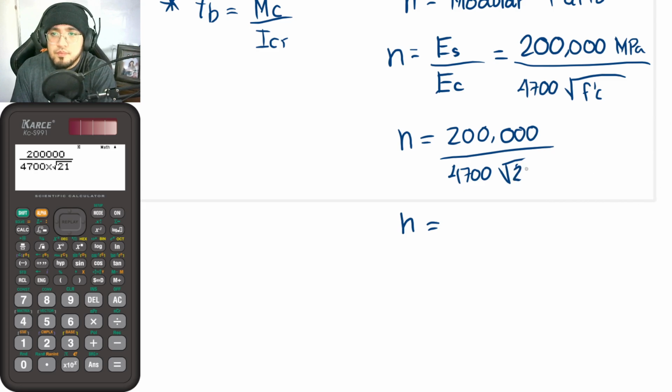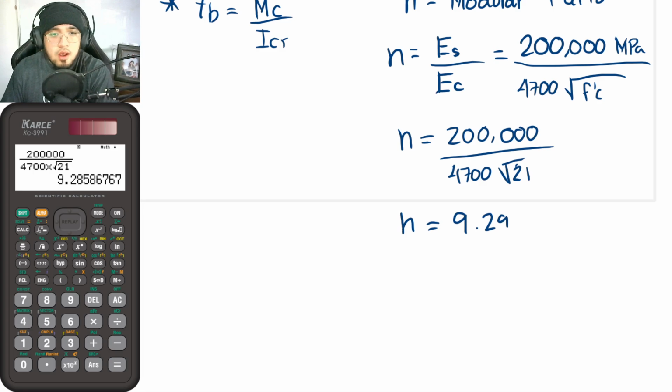With that, the modular ratio is now equal to 9.29.